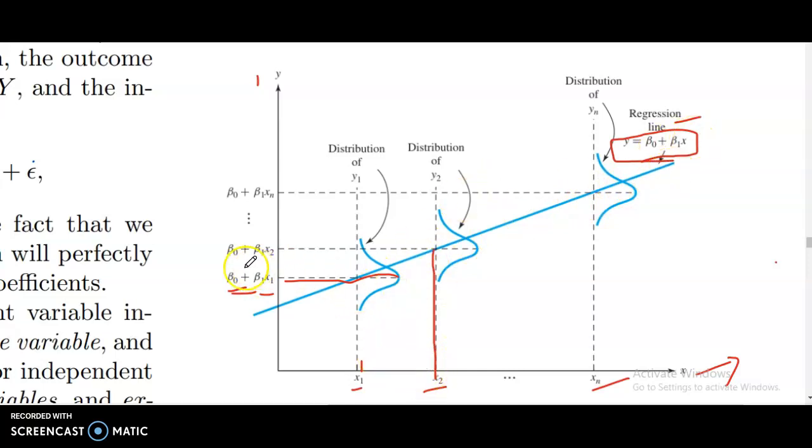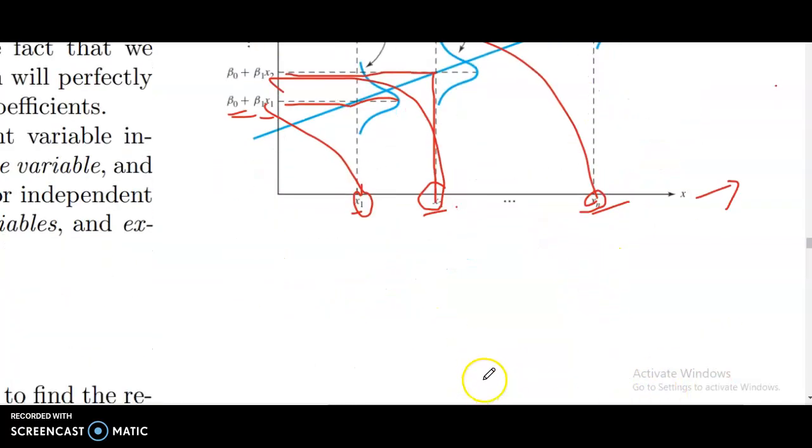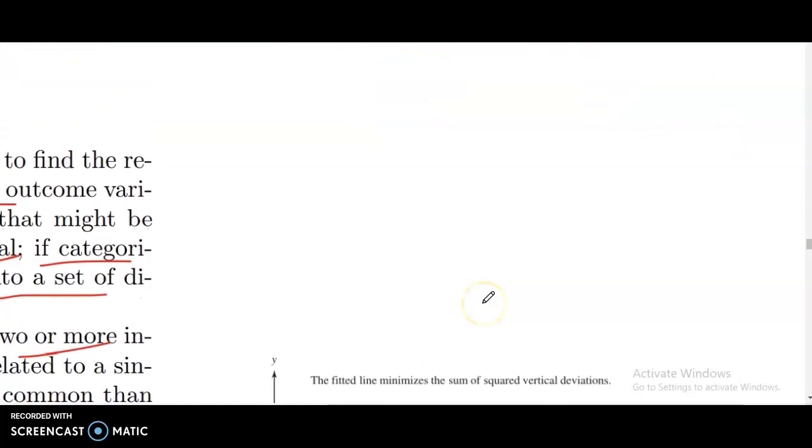Correspondingly, beta naught plus beta 1 x2, and then we get xn. So beta naught, beta 1 x1. This one is only shown here. The next figure you will also see.